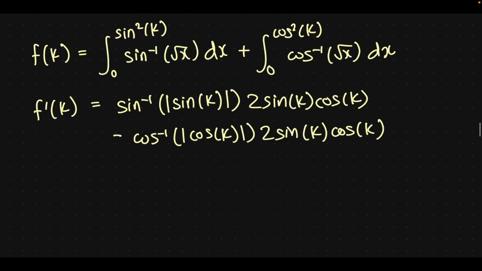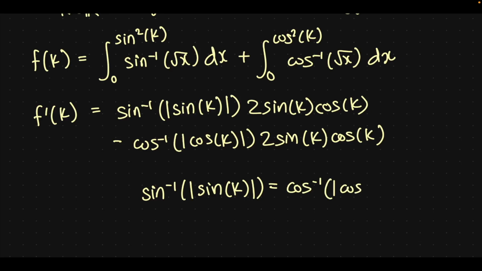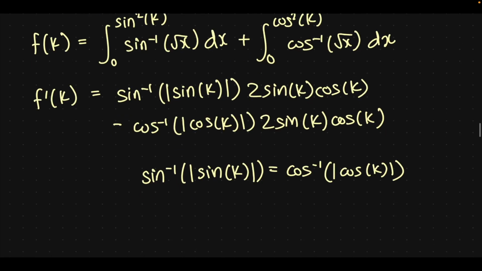Now recall that sine inverse absolute value sine k equals cosine inverse absolute value cosine k, just be k.